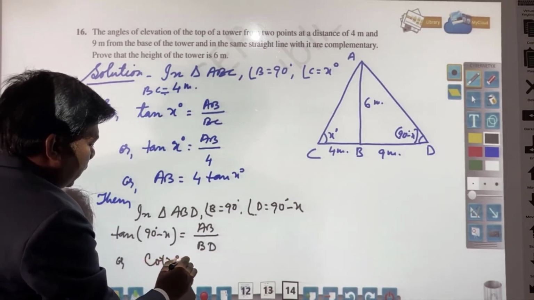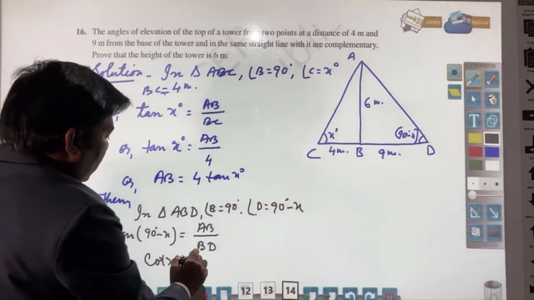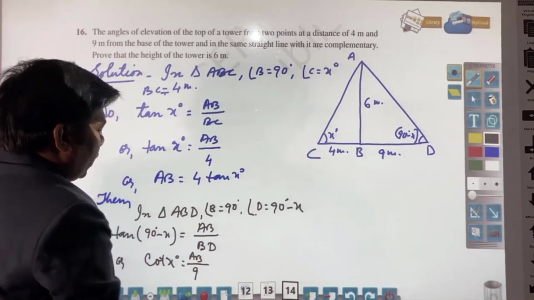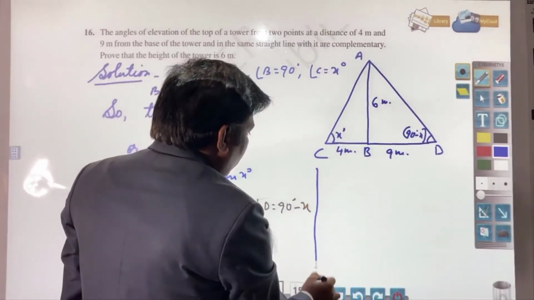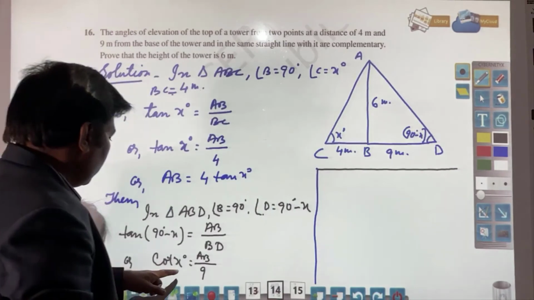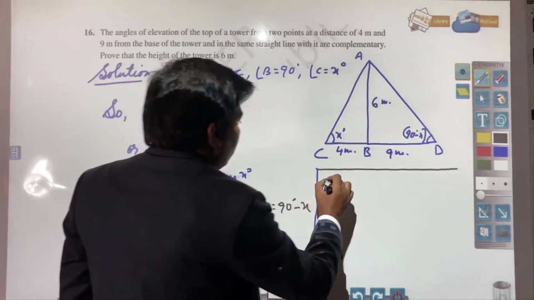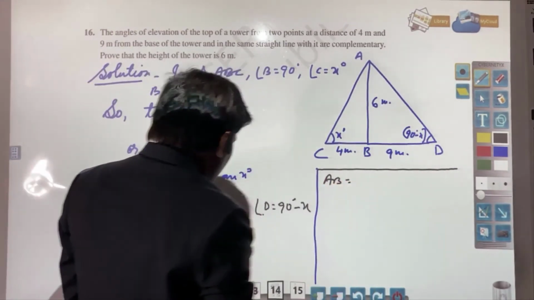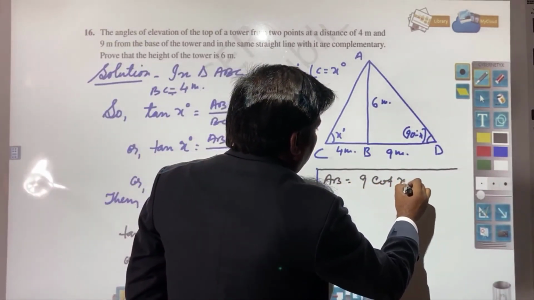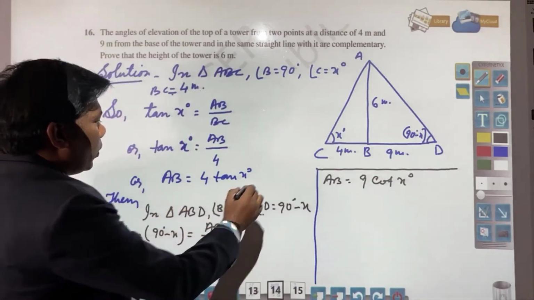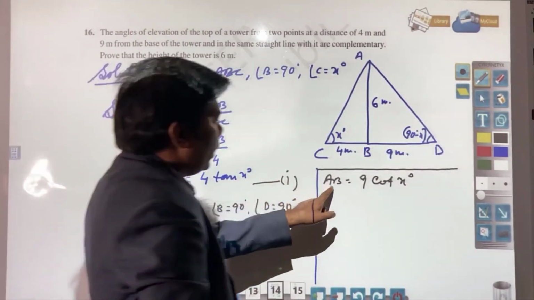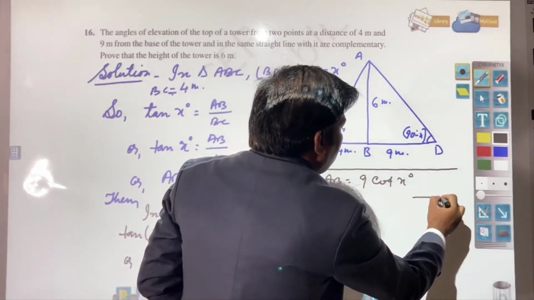So cot x is equal to AB by BD. BD is equal to 9. You need to remember this. So AB is equal to 9 cot x degree. Now here we have got AB is equal to 4 tan x degree, and AB is equal to 9 cot x degree.